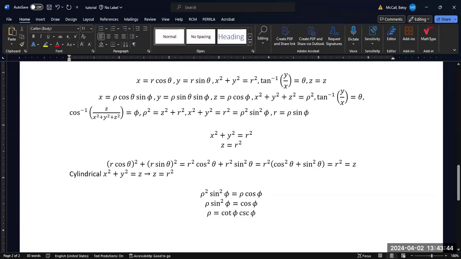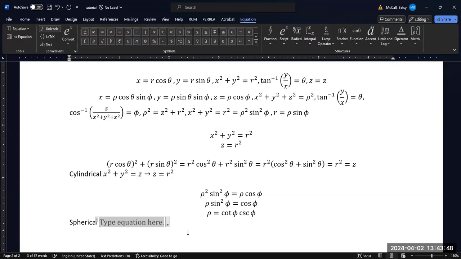And that would be our spherical. So x squared plus y squared equals z becomes this.